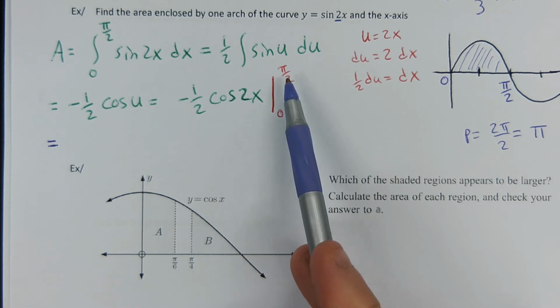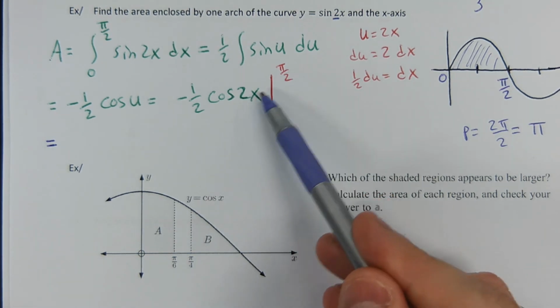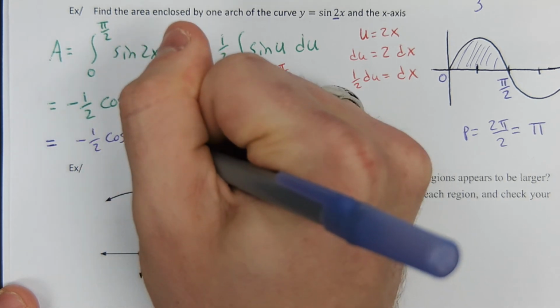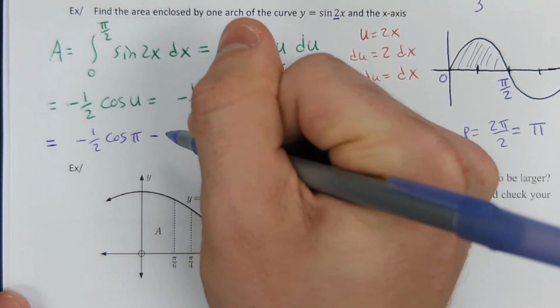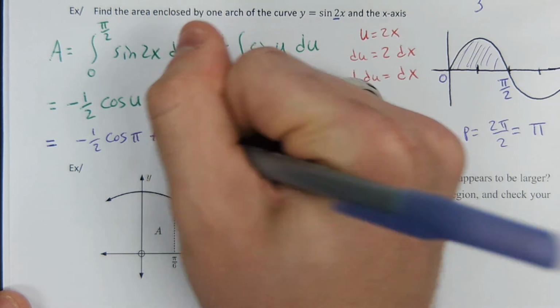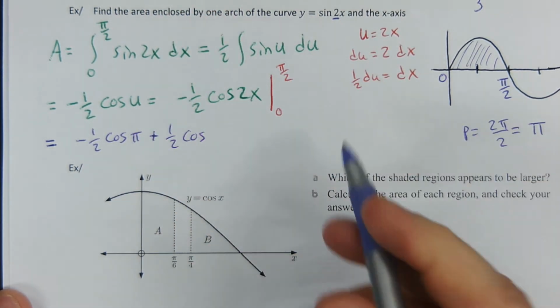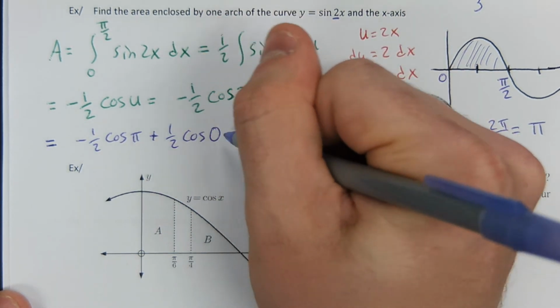Plugging in pi over 2, 2 times pi over 2 is just pi. So it gives me negative 1/2 cosine of pi minus negative 1/2 cosine of, well, 2 times 0 is 0.